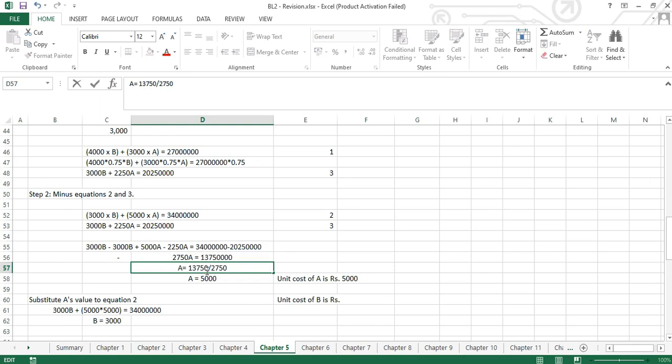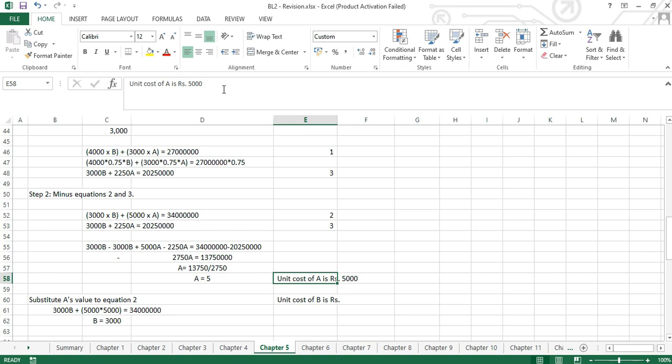They've taken 13,750 by 2,750, which will be equal to 5. So if we take the millions, A's unit cost will be equal to 5, and B's unit cost will be equal to 3. They could have said that these 3,000 units, B's units also, are in millions. Then it would have matched.